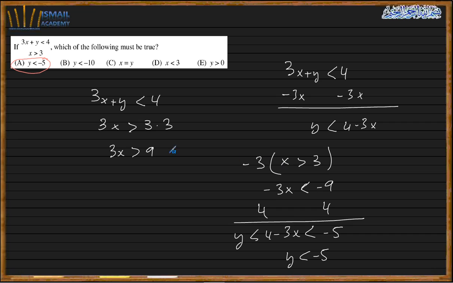After that I start with the second choice, x greater than 3, and I try to create this expression. So I start by multiplying by minus 3 to get minus 3x. When I multiply by minus 3, the sign flips. Then because this is positive 4, I add 4 to both sides. Then I will have this expression, and we know this expression is greater than y, and it's less than minus 5, so obviously this will be a true statement, y less than minus 5.